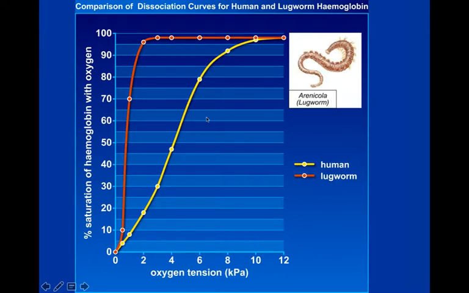They tend to live in very low areas of oxygen, so low partial pressures. So in this case, the curve is to the left. Therefore, it will associate oxygen at lower partial pressures. It has a higher affinity for oxygen, and because it lives in low oxygen concentrations, it can take on more oxygen onto its red blood cells at those lower partial pressures, meaning that it can get more to its tissues.